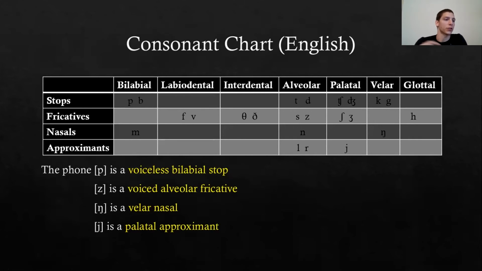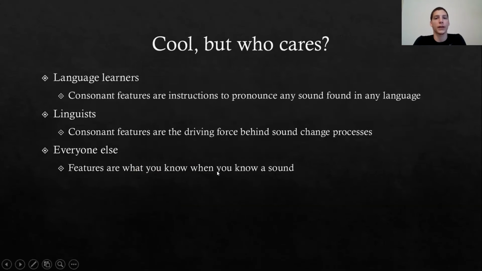It tells you what your glottis should be doing, what your moving articulator should touch, and how tightly it should touch it, right? So it says, don't move your glottis, touch your top and bottom lip, and stop airflow. So those are instructions for how to make any sound found in any language.